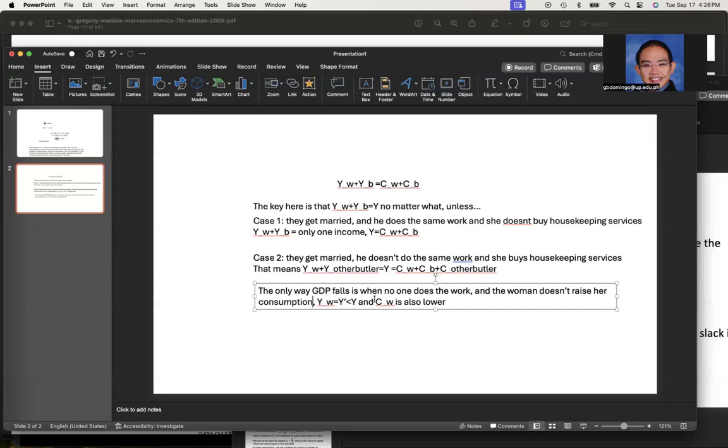That hinges on the fact that the only way for that to happen is if real resources go away, if the butler just disappears, right? And then no work is done, no butler services are had, and consumption and income just basically fall across the board.